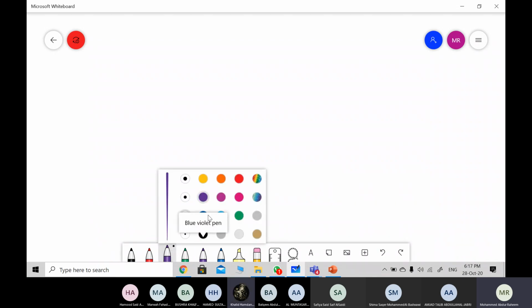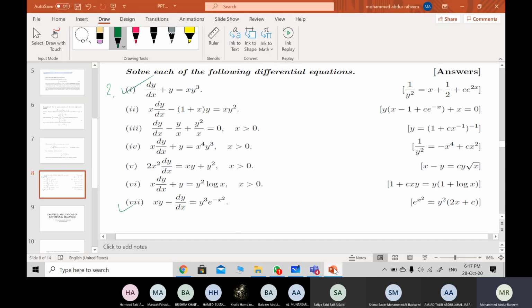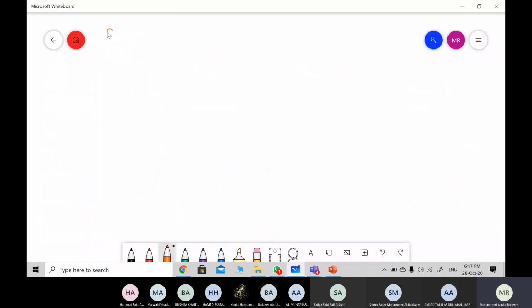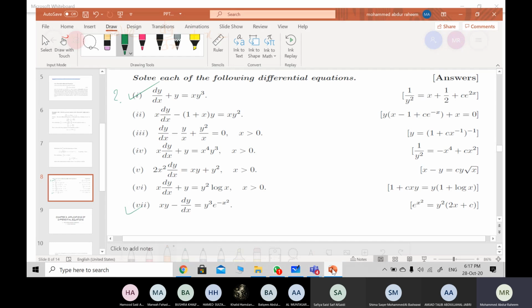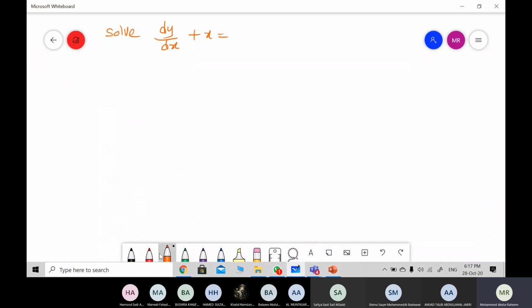Now we go to our equation: dy by dx plus y equals x y cubed. If you see here, dy/dx plus P y equals Q y to the power n, so we need to divide.